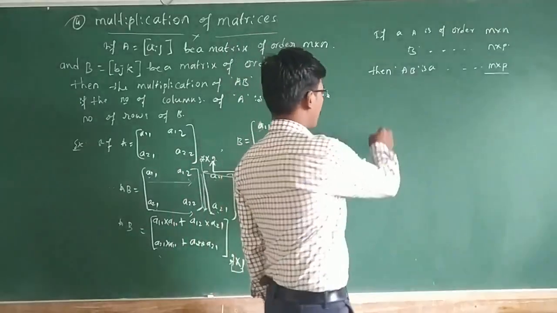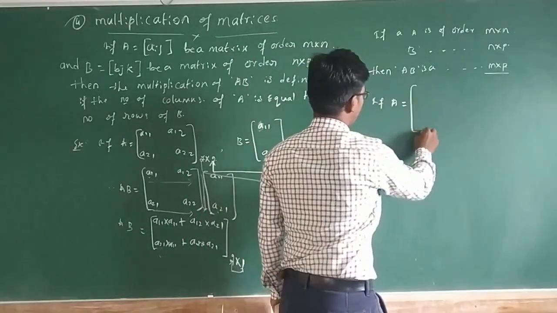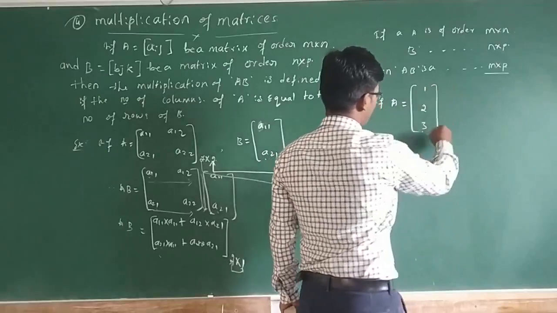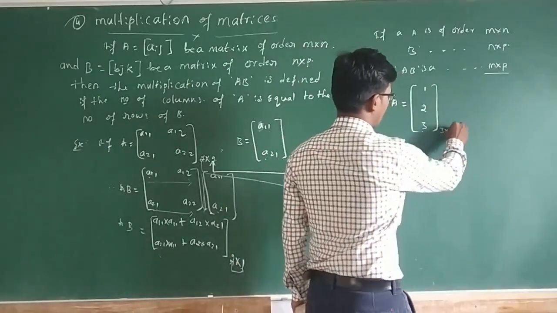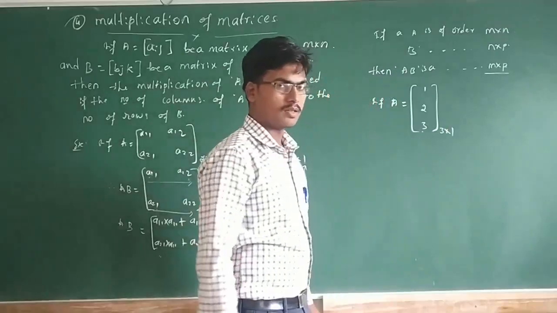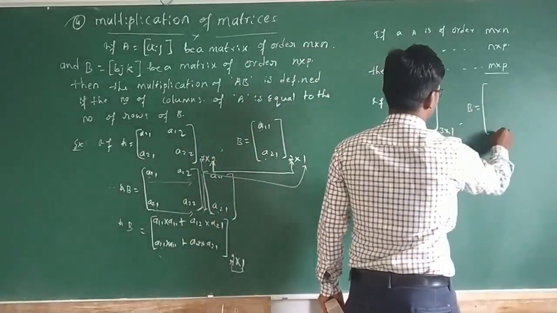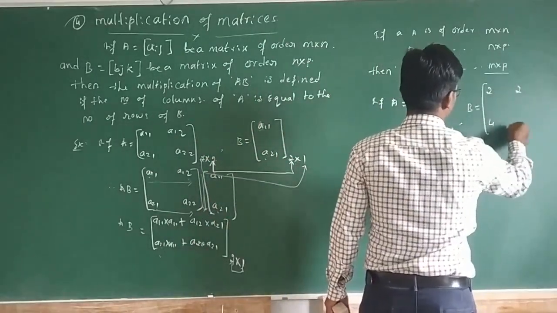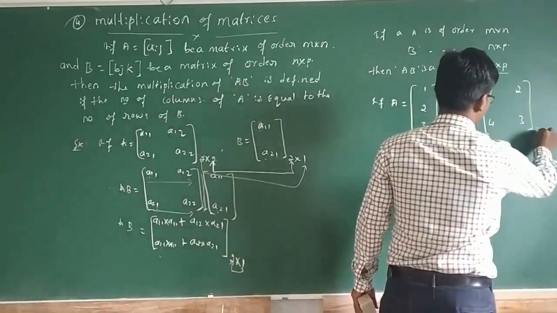For example, if A is equal to 1, 2, 3. Here what is the order of this matrix? It is 3 by 1, 3 rows and 1 column. Then B is equal to 2, 4, 3, 2 rows. Here what is the order of this matrix? It is 2 by 2.